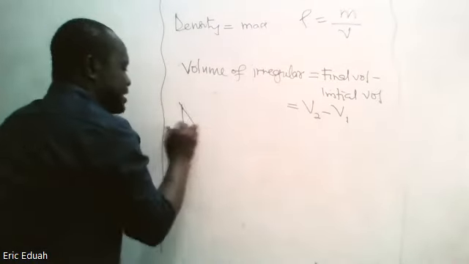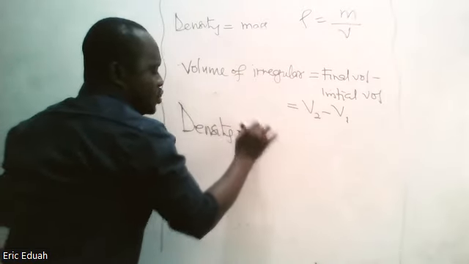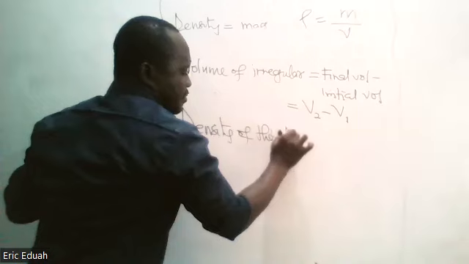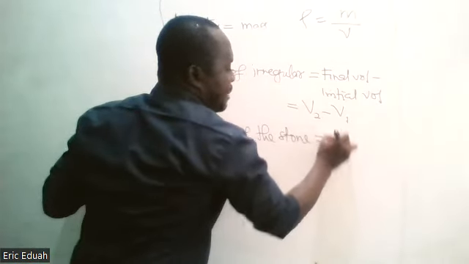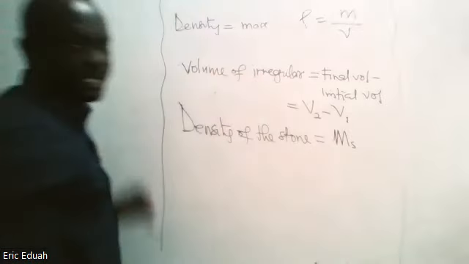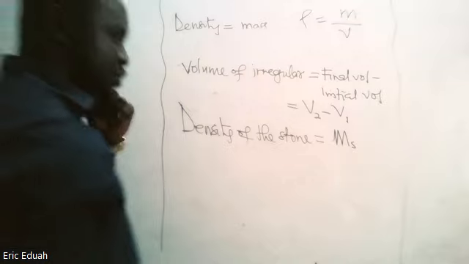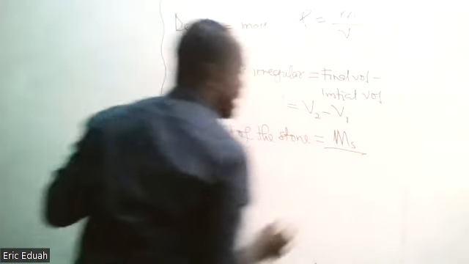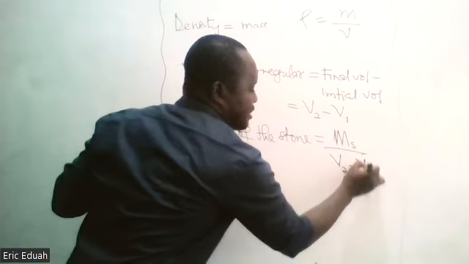Therefore, the density of the stone becomes the mass of the stone, which we obtain using the electronic balance, divided by the volume of the stone, which is V2 minus V1.